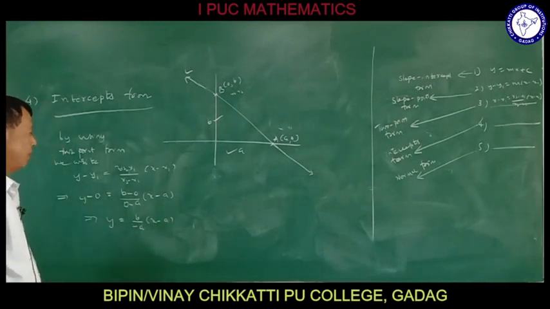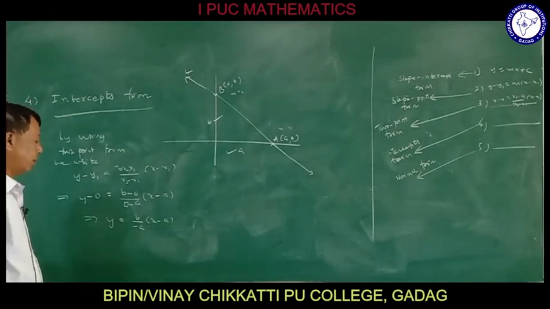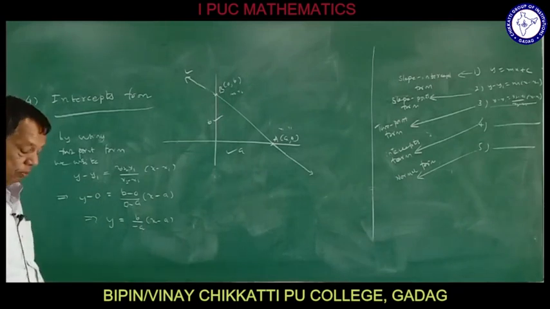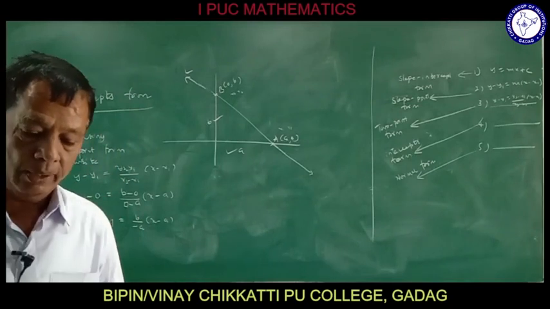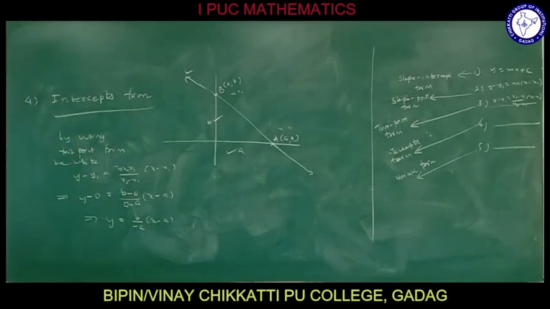And once you write the values, accordingly you have to simplify. So y minus 0 is equal to b minus 0 divided by minus a, times (x minus a), and accordingly you can find the result.